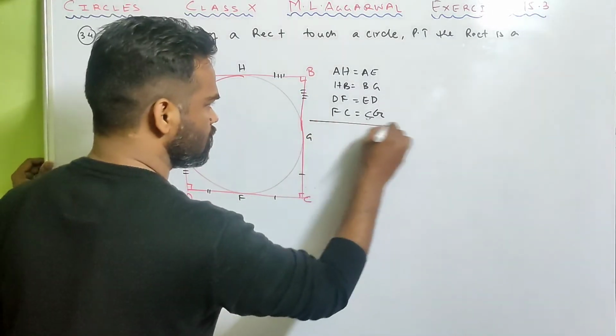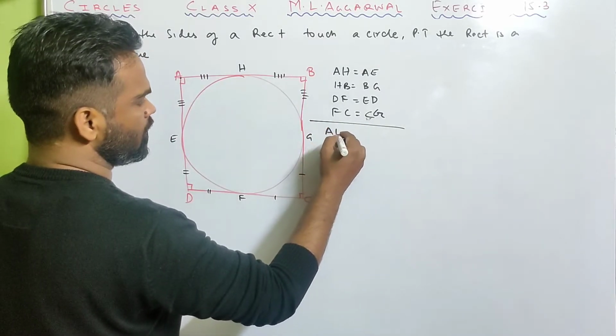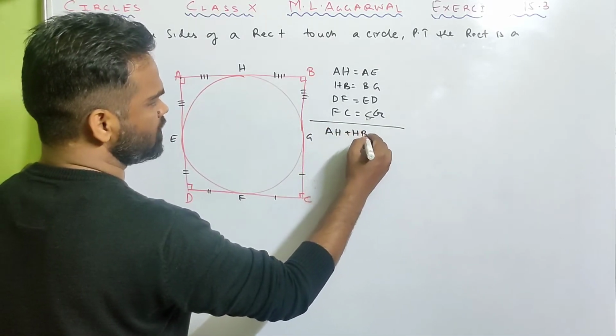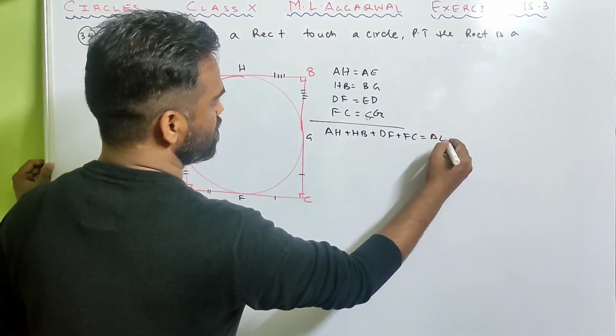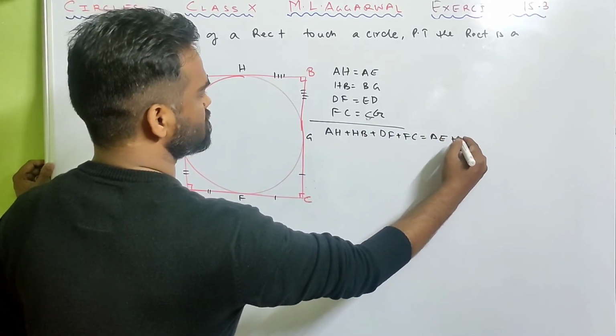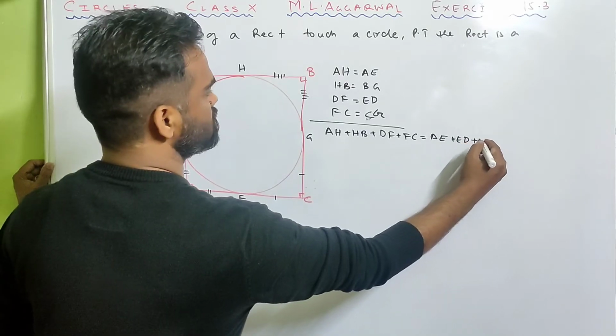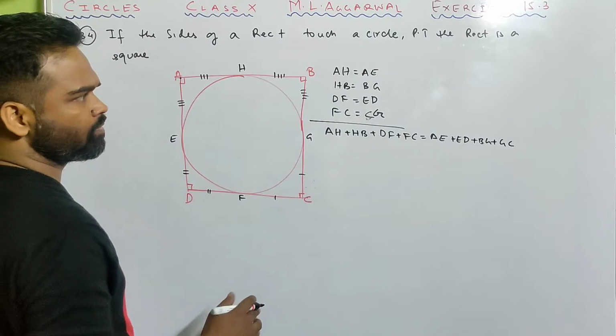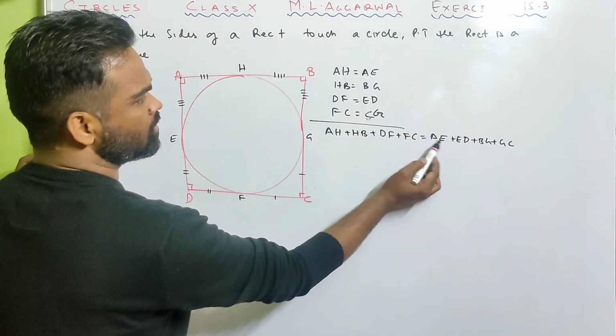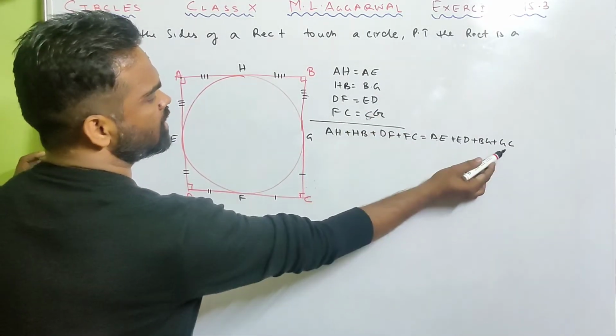What I'll do? Add. So AH plus HB plus DF plus FC is AE plus ED plus BG plus GC.